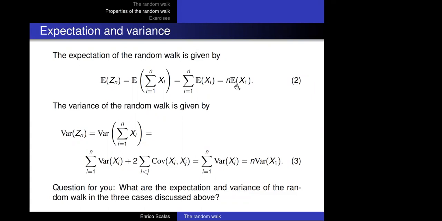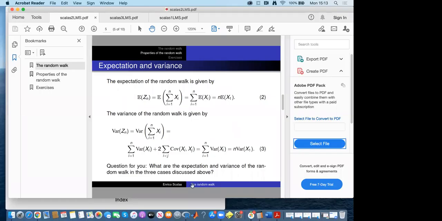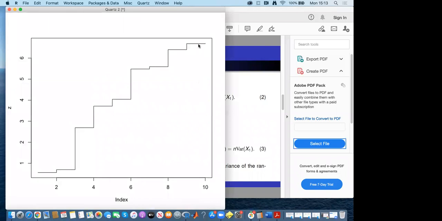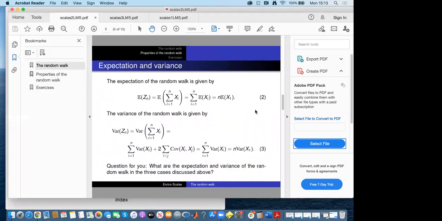So already using some elementary results from probability theory, you get information on the expected value of this random variable Z10 and its fluctuations. But you can do more, in fact.